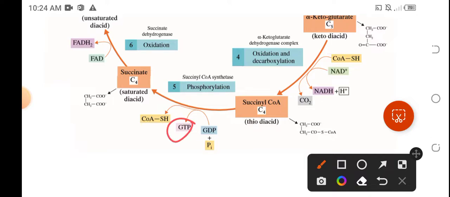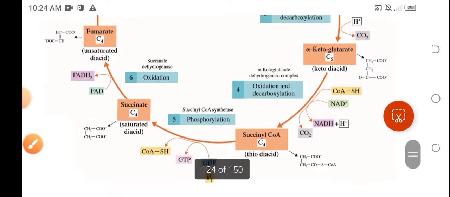Parang parehas lang din sila ni adenine, ni ATP, adenosine triphosphate. Pero dito si guanosine triphosphate, parehas lang sila, magkaiba lang sila ng nitrogenous base. Okay? So, that is the fifth reaction of the Krebs cycle.